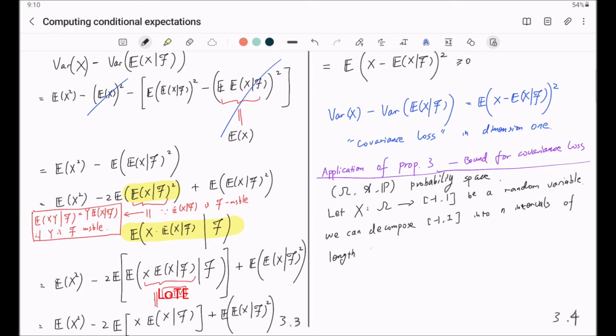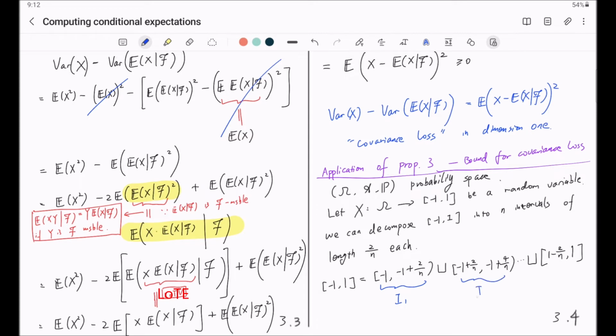Specifically, we get -1 to 1 written as a disjoint union. Let us give them names: call this I1, this I2, this In.